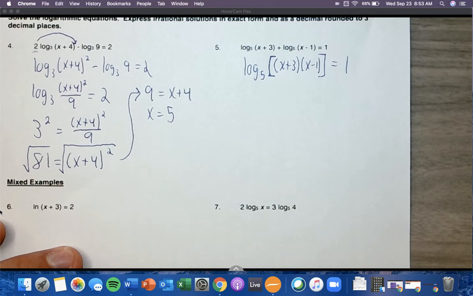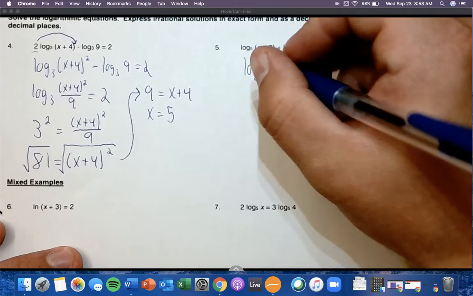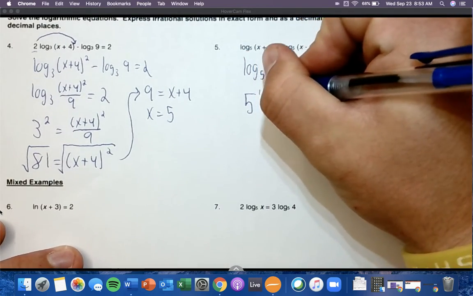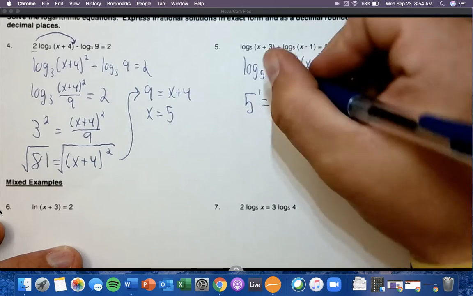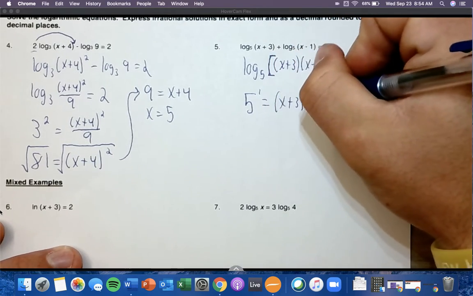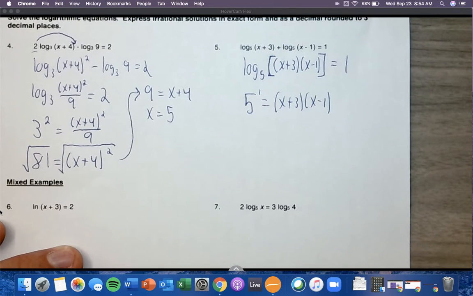Right, and now we can rewrite it as an exponential because we have a base of 5 raised to the first power is equal to (x + 3)(x - 1).